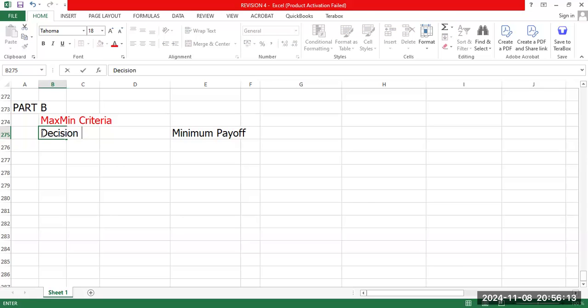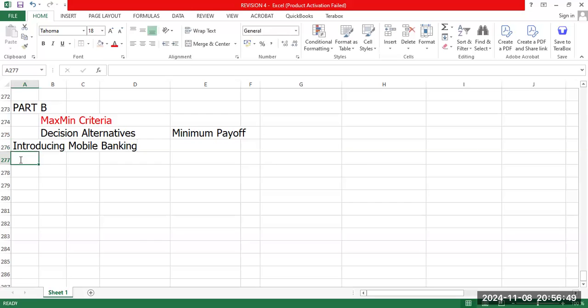We start by identifying the minimum payoffs for each alternative. What are your decision alternatives? One, you have introducing mobile banking.